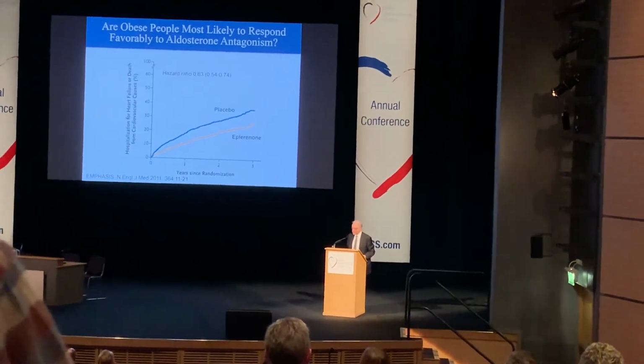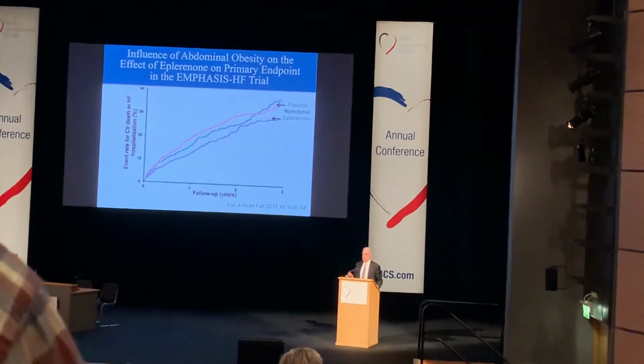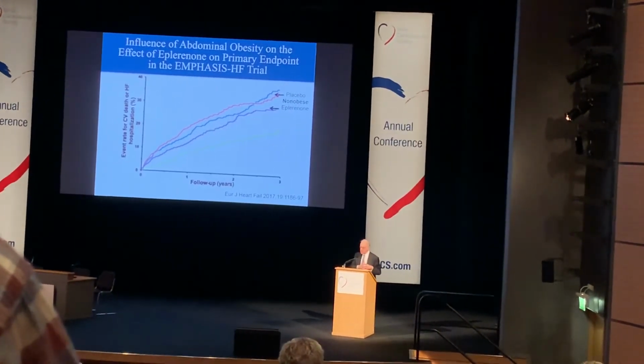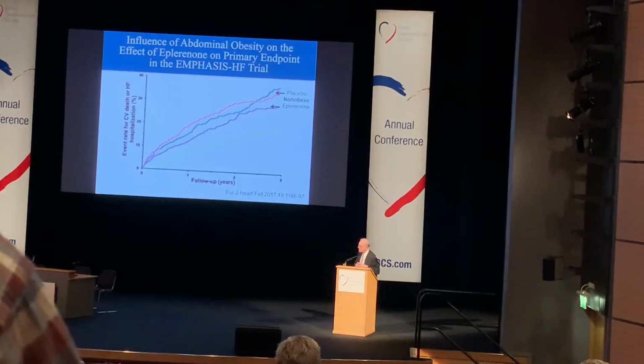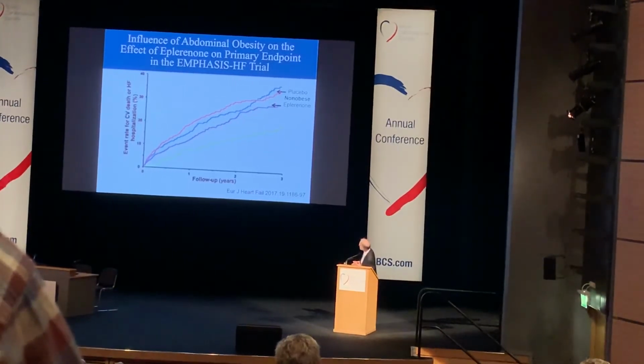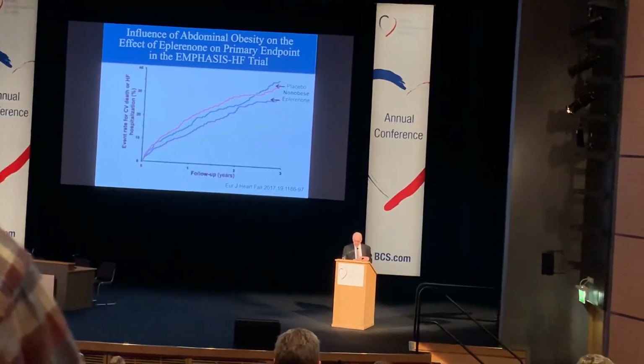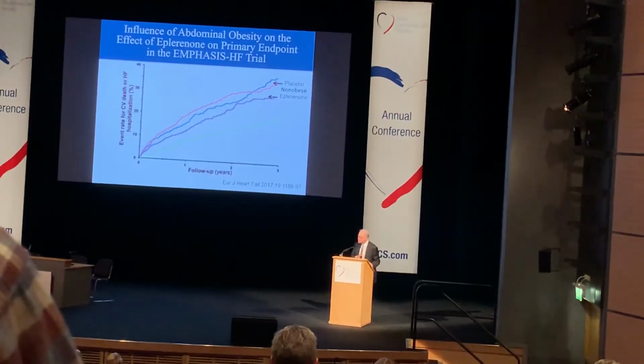So here is the breakdown in this trial in individuals who were non-obese. Now notice that eplerenone is having an effect compared with placebo in non-obese individuals, but it's a small effect.